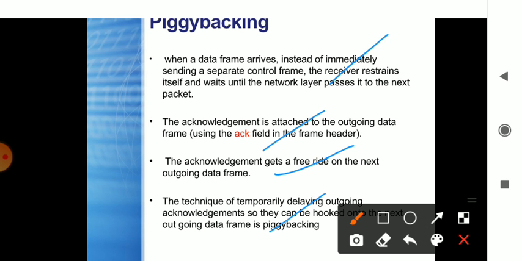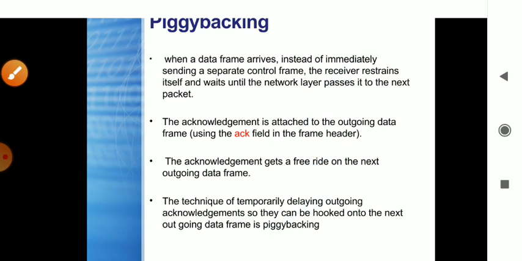Piggybacking is when the information is being transferred over the network, it should maintain a backup. Whenever it is lost, it will not go to the sender; the information will be received from there in the network, from the buffer of the device where the buffering happens. That device will send it into the network, and it will be sent through that particular device only.